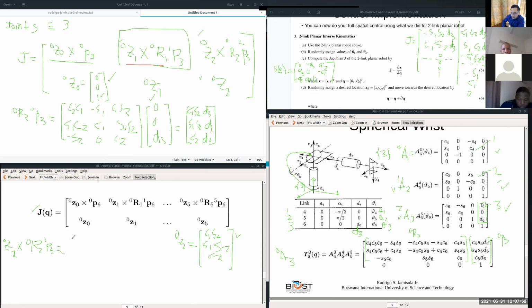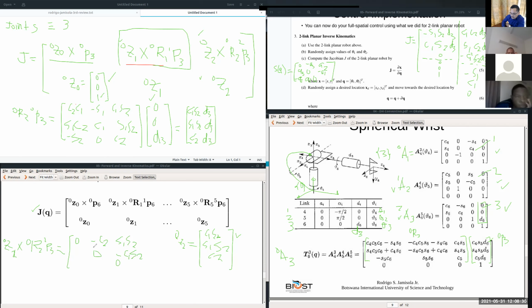Okay, so we use the S input with the input of that vector. So again, this is 0, that's 0, and that's 0. The third component, the negative of the third component, minus C2. The second component, S1 S2. The negative of the first component, minus C1 S2.